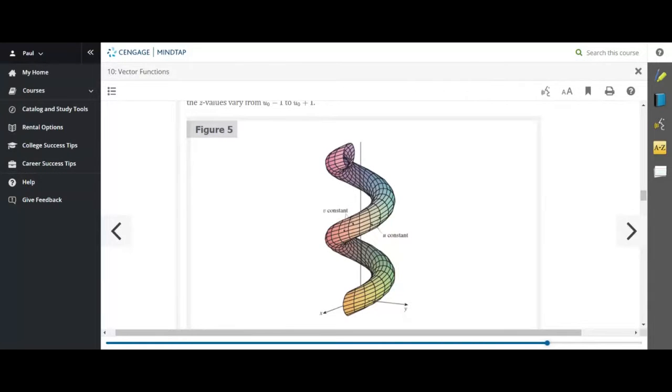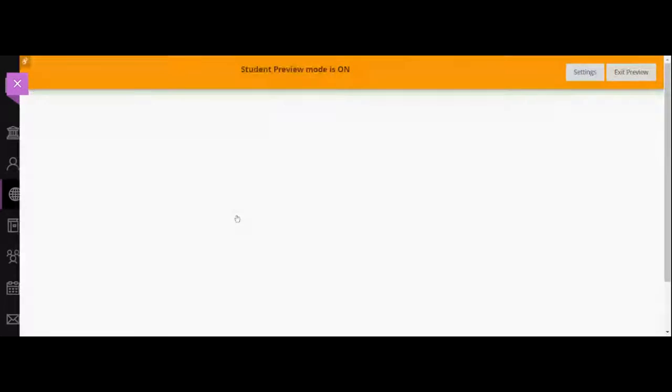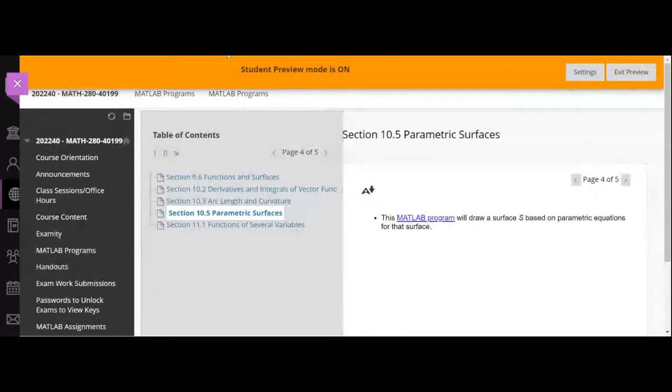So I think if you do some practice, it'll help you. There is a MATLAB program for this example. If you go into your MATLAB programs, you see there's a MATLAB program for section 10.5, parametric surfaces.